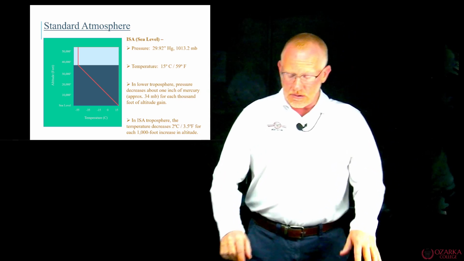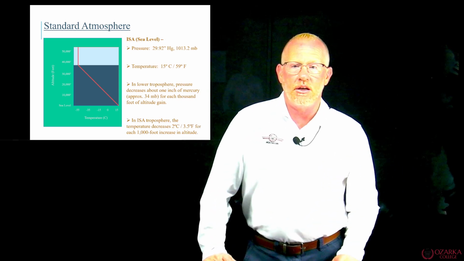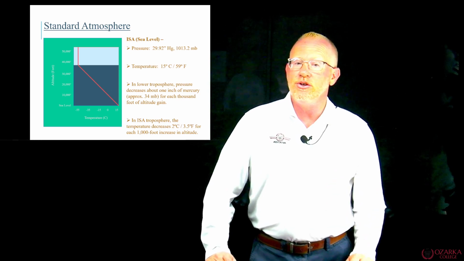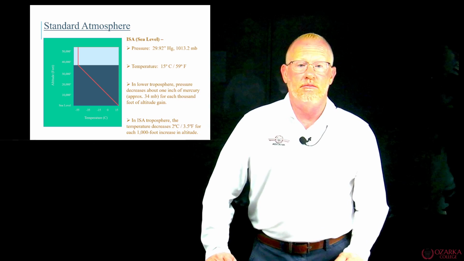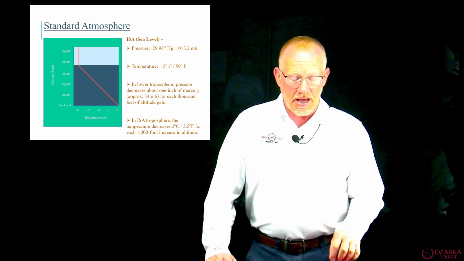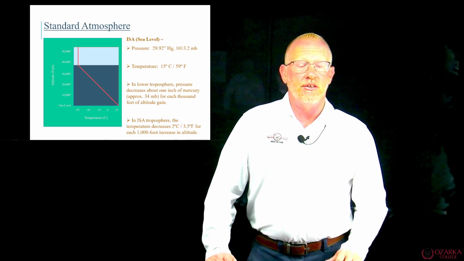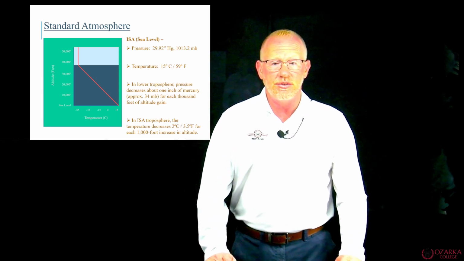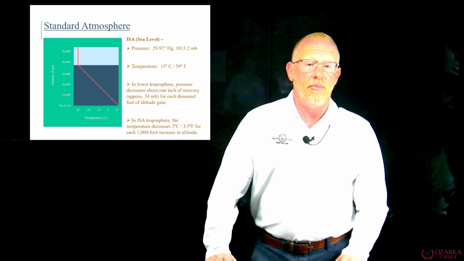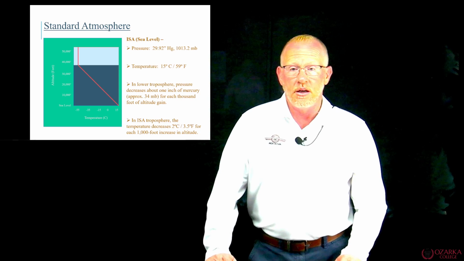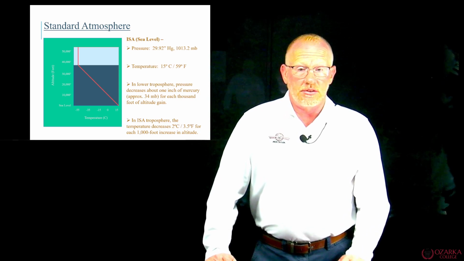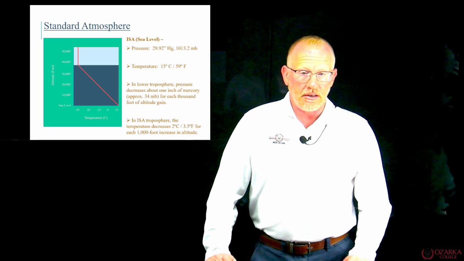Now, in the International Standard Atmosphere, ISA sea level, you need to remember these. I promise you, you will see these things again, and you will need to know these as a pilot. So ISA at sea level, the pressure is 29.92 inches of mercury, or 1,013.2 hectopascals, or millibars. The idealized temperature is 15 degrees Celsius, or 59 degrees Fahrenheit.